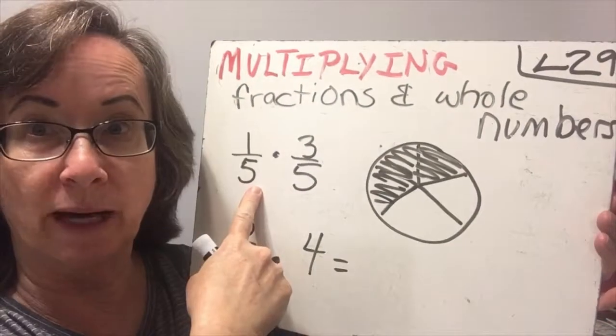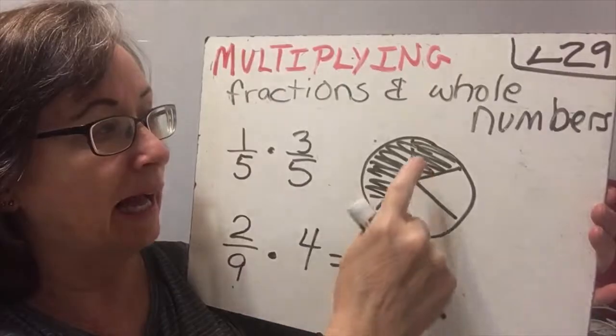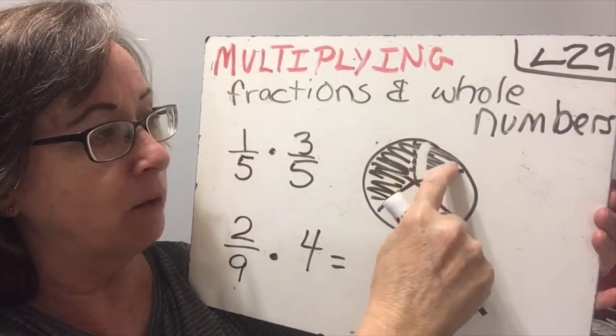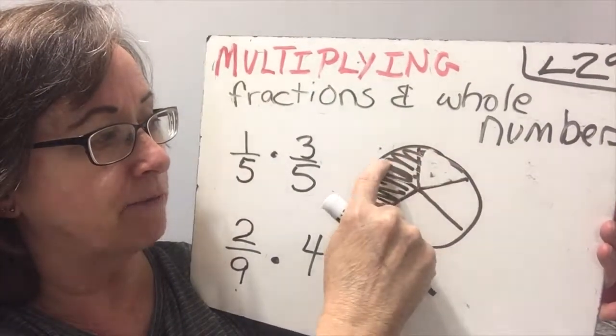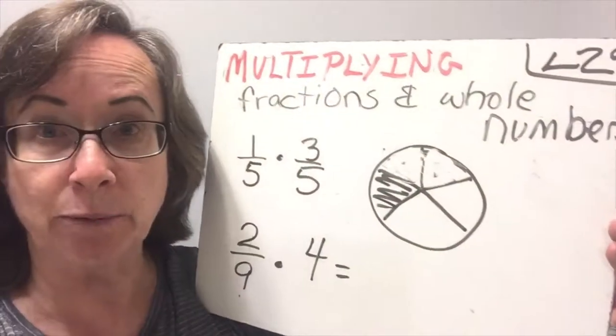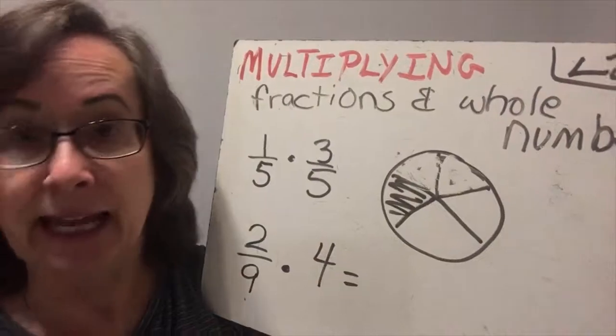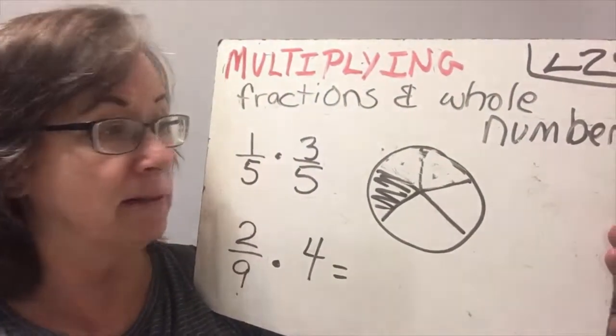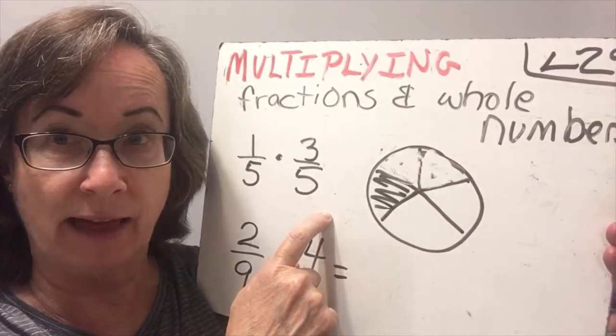If I wanted to know what 1/5 was, I would be talking about only one of those 5 equal parts, okay? Now what we're talking about in this lesson is what it means to multiply them together.